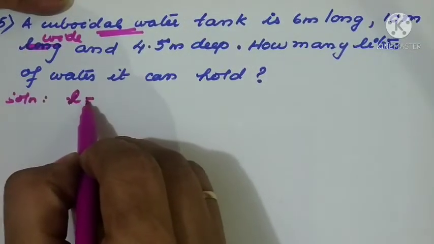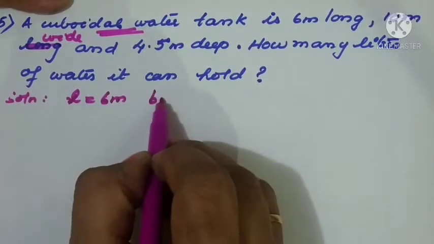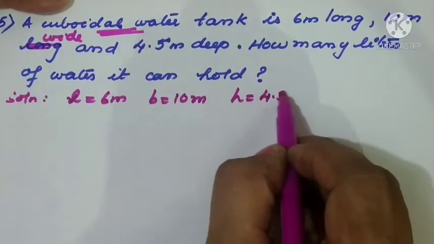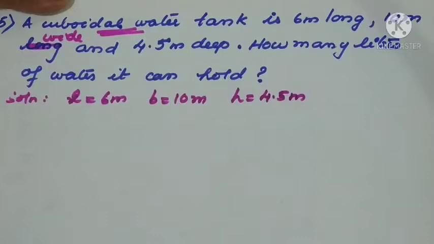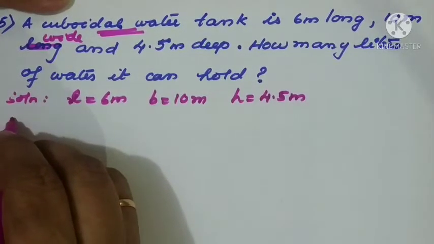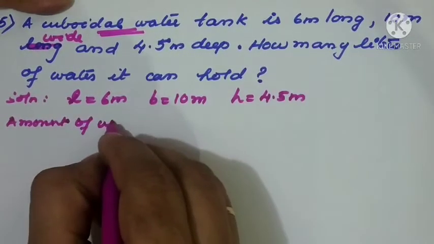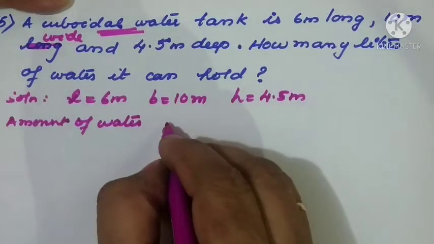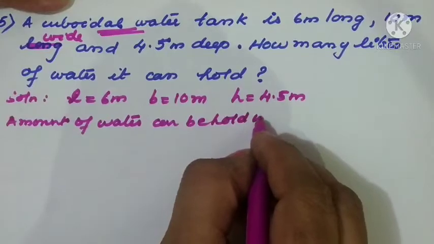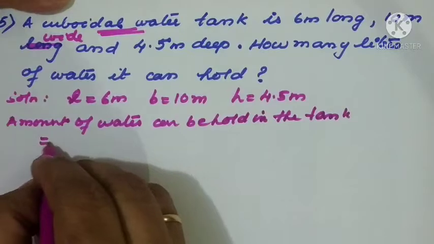First we should write the length, breadth dimensions. Length equals 6 meter, breadth equals 10 meter and height equals 4.5 meter. How many liters of water can it hold? The amount of water that can be held in the tank equals the volume of the cuboid.